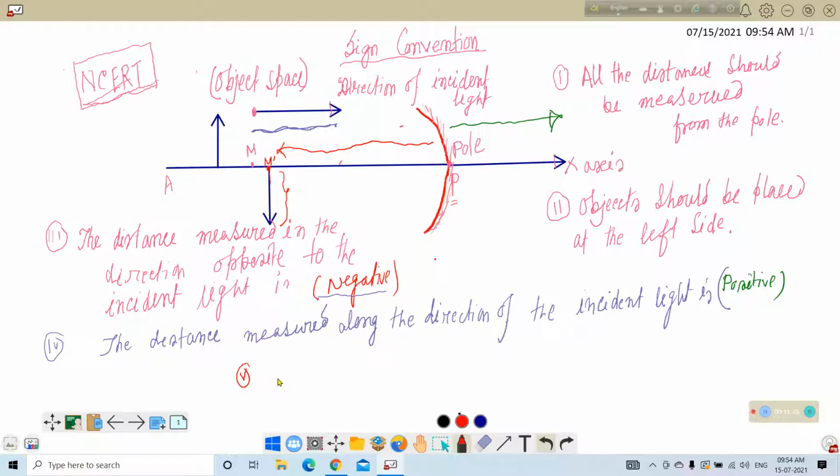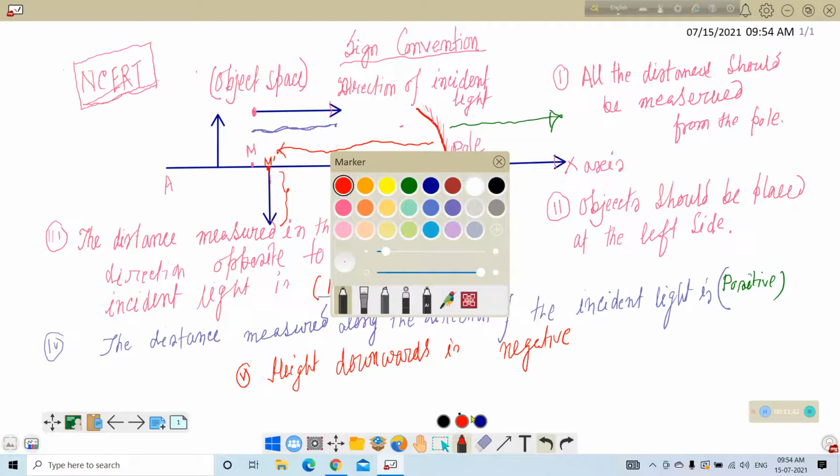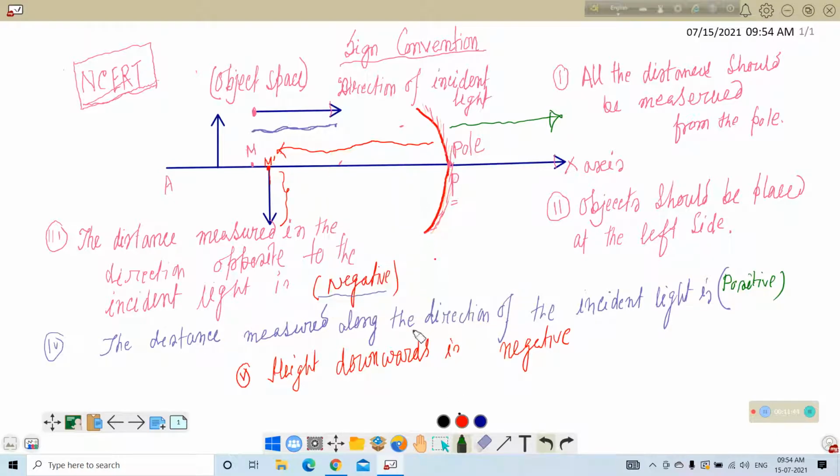So height downwards is negative. And number six, height upwards is positive.